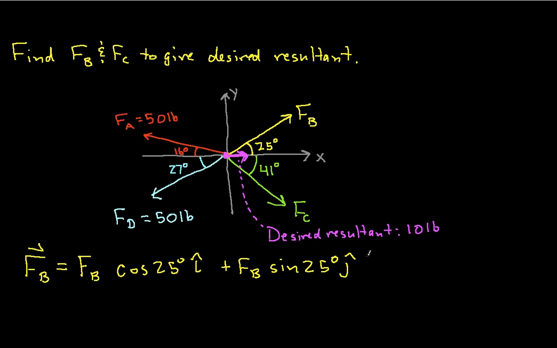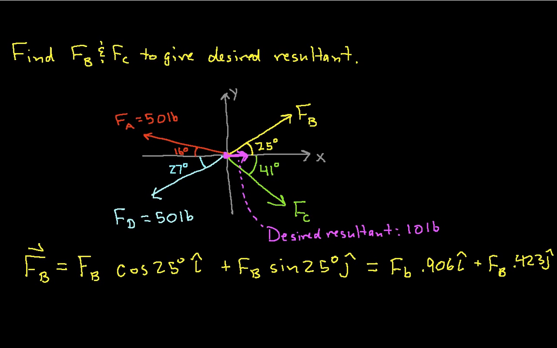And if I write out what these are, that will be FB times 0.906 i hat plus FB times 0.423 j hat. Okay, so hopefully that makes sense.